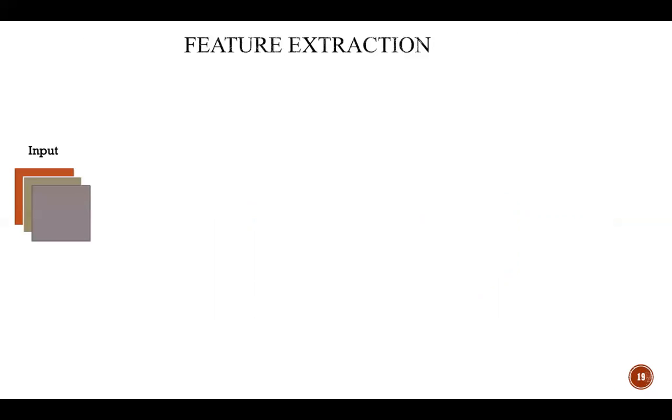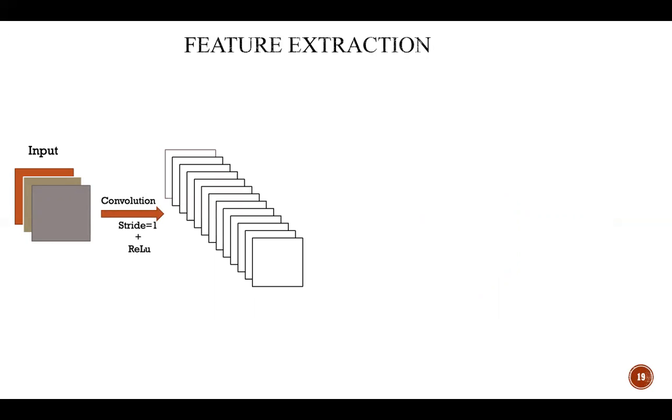Now, if I want to put everything together in the feature extraction stage of CNNs, you have an input data, and then you apply your convolution, say with stride 1 and ReLU, and you get a number of feature maps or representations of your input image. The number depends on how many filters you have chosen to convolve your input by.